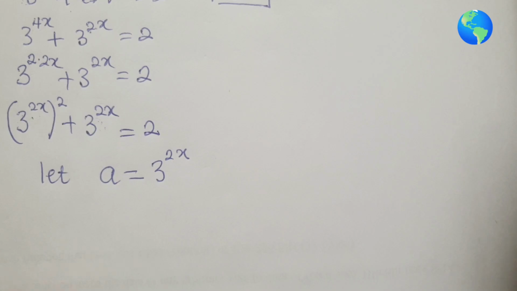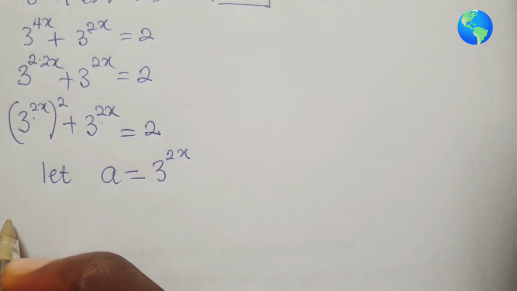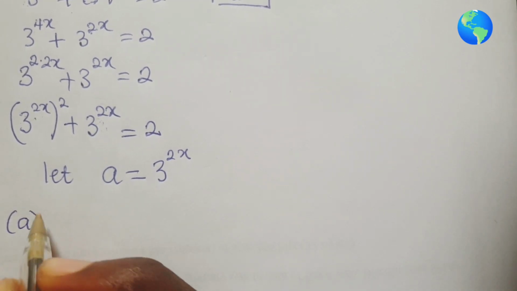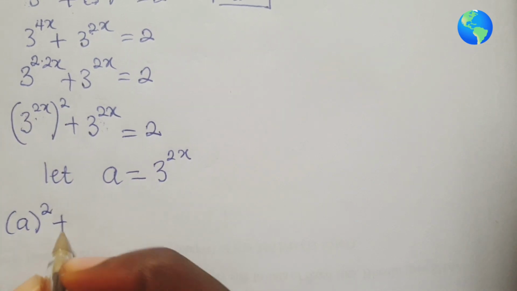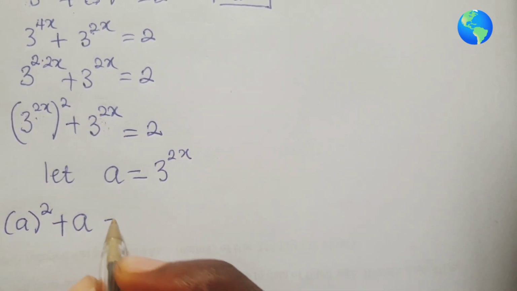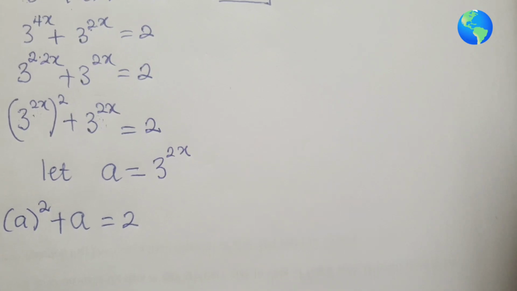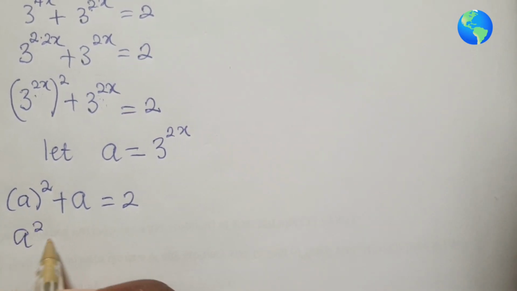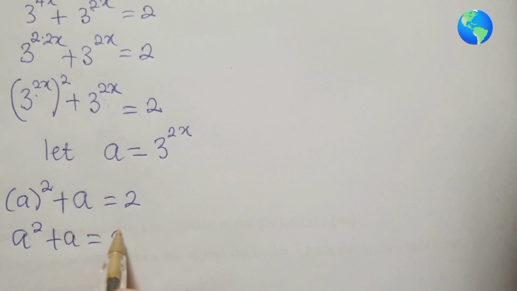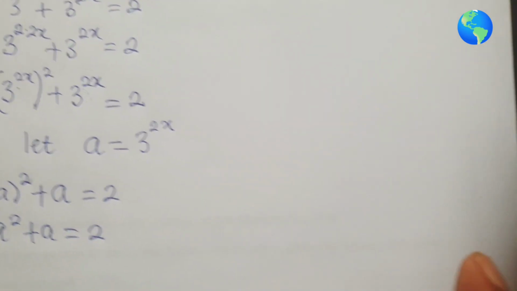So now I'll have a power 2, because this is a, plus the whole of this becomes a, equals 2. Now, this is just a quadratic equation: a squared plus a equals 2.